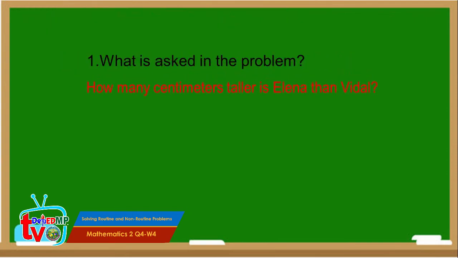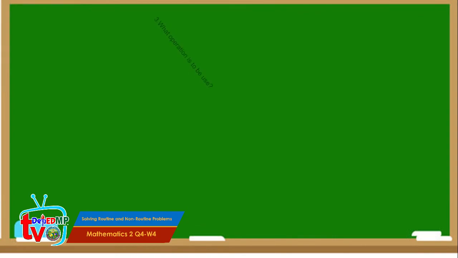Number 1 question, what is asked in the problem? How many centimeters taller is Elena than Vidal? Number 2, what are the given facts? 150 centimeters and 130 centimeters. Number 3, what operation is to be used? You must use subtraction.